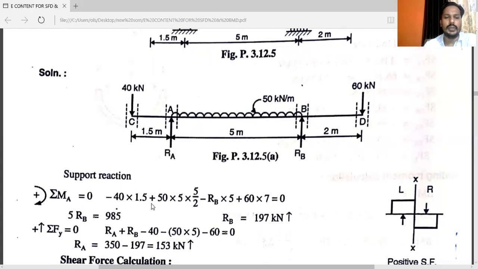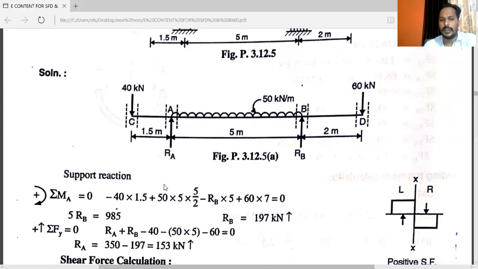So the sign will be plus 50 into 5, that is the equivalent point load, into distance 5 by 2, minus RB.